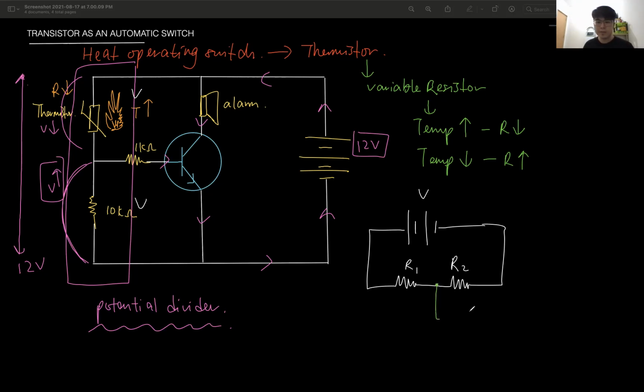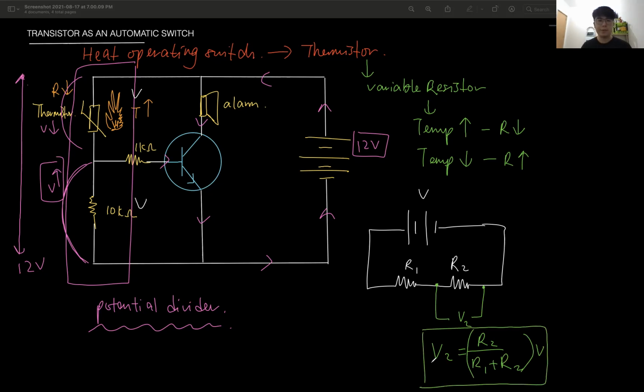If I want to find V2, V2 equals R2 over R1 plus R2, and then we multiply by the total voltage. We use this formula. Sometimes they give you the voltage here, and the resistors, and ask you to calculate what is the potential difference across here and here.